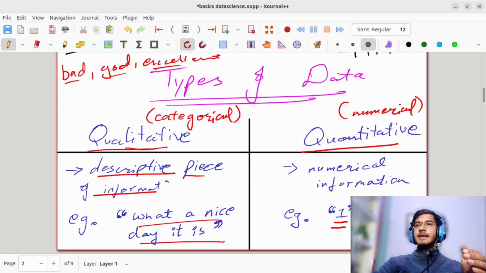Quantitative? Exactly, right? No, wrong. You said quantitative? Sorry, qualitative. Exactly, right? So this data is qualitative.